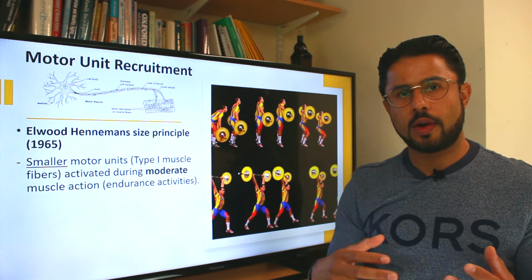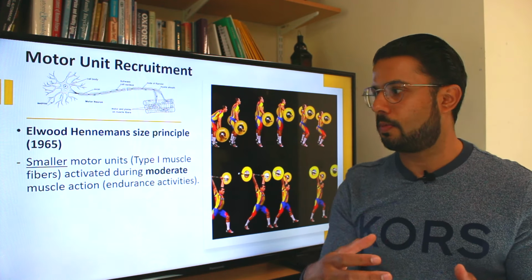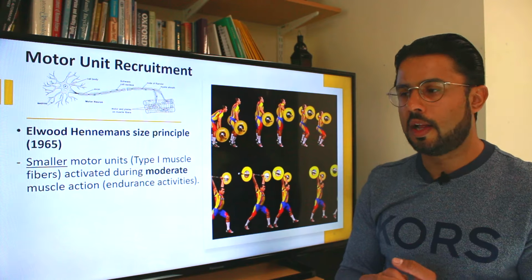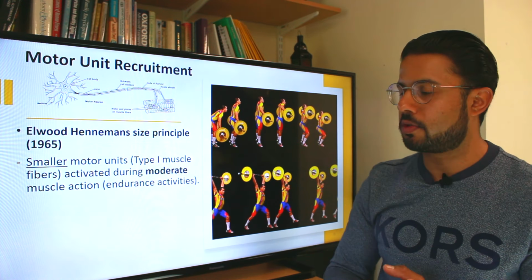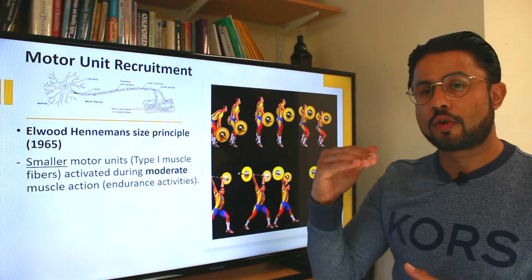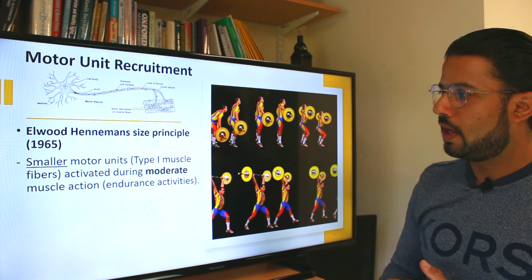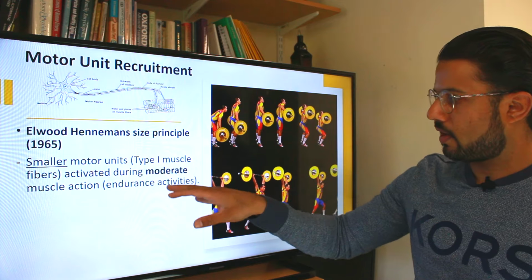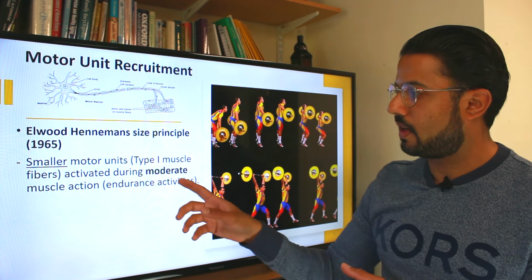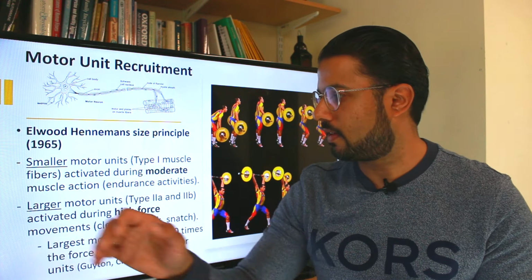So quite often, while I'm standing here talking to you, it's my small motor units that are being activated to move my hands and my arms. If I'm brushing my teeth, it will be the type 1 motor units, type 1 muscle fibers, that are being activated. They've got a lower threshold for activation. And in terms of exercise, when you do moderate exercise, it's the type 1 fibers that are activated.